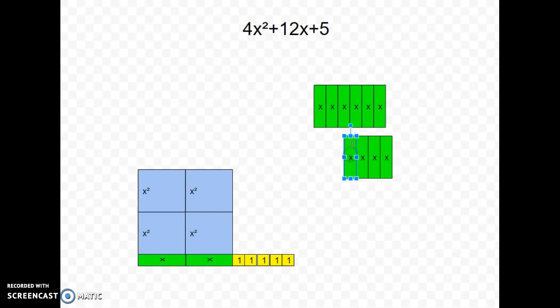Now we're going to have to bring the rest of these over here. Let's see, just filling these in. It's a little tricky to do on the computer. Okay, it's looking pretty good.